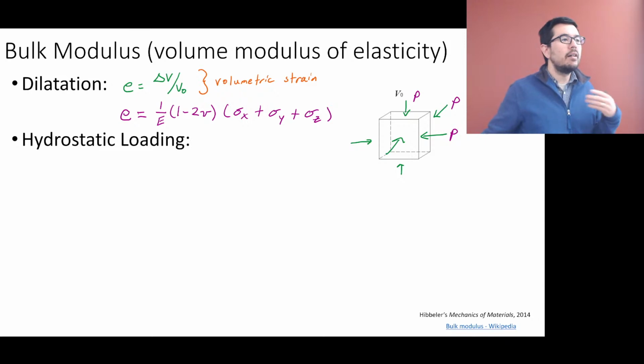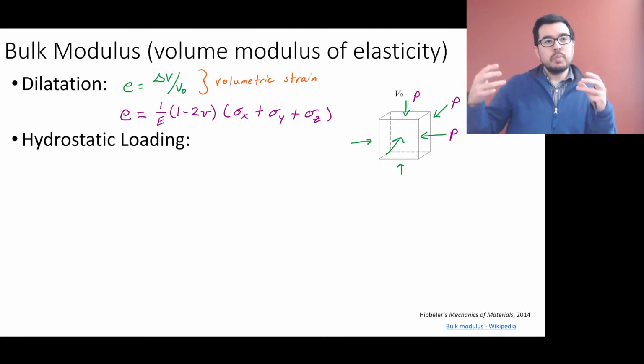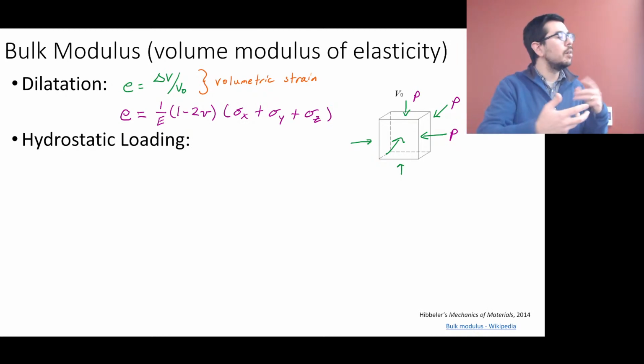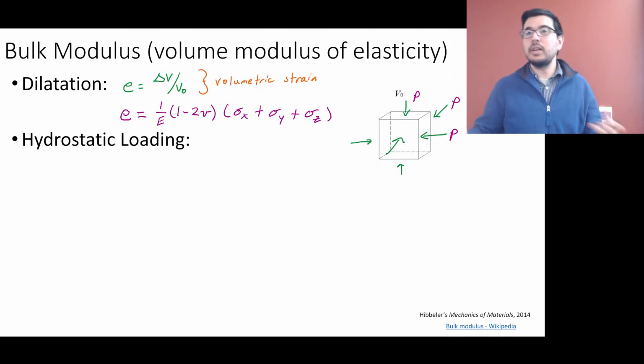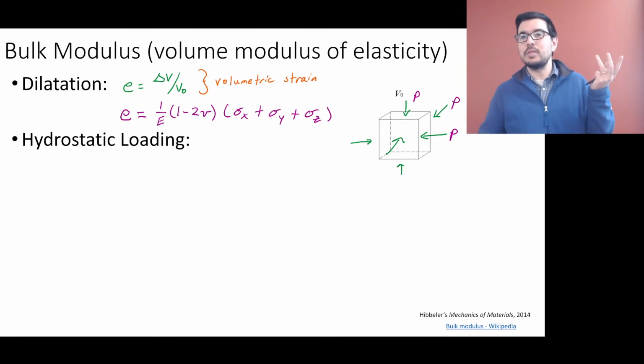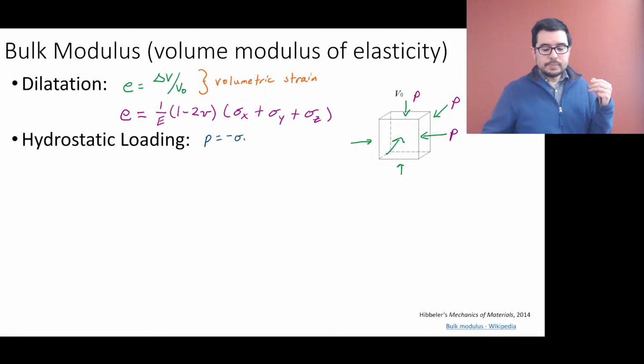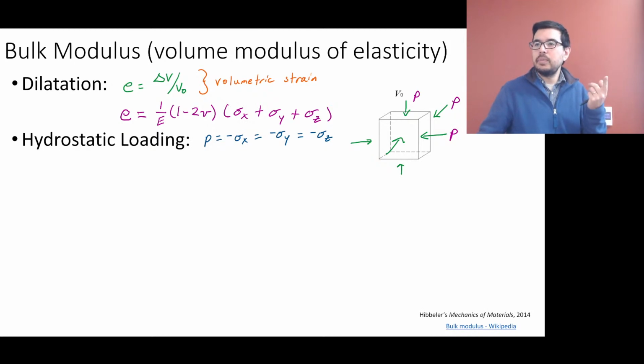And by our convention, those are going to be acting inward, and so pressure is what we equate to negative stresses, or negative pressure is equal to positive stresses. Good. So all these stresses, or the inverse of these stresses, can all be set to P.